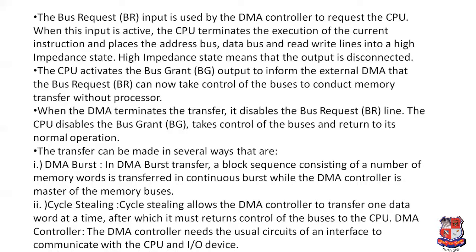High impedance state means that the output is disconnected. The CPU activates the bus grant output to inform the external DMA that the bus request can now take control of the buses to conduct the memory transfer without the processor.